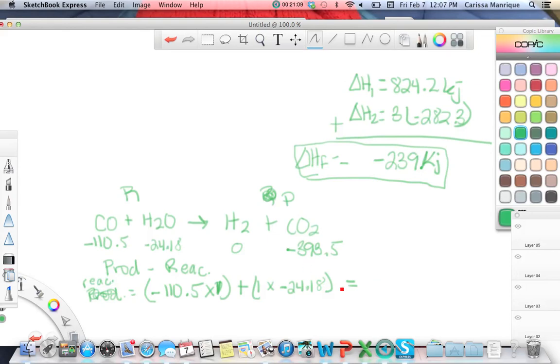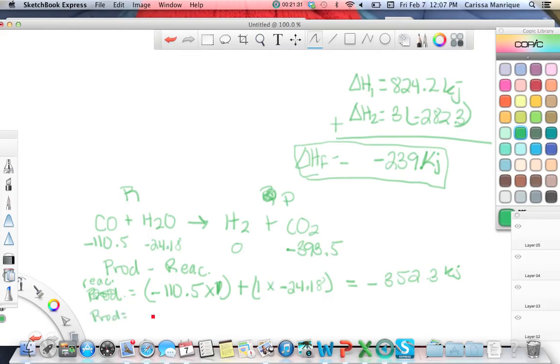And my reactants get negative 352.3 kilojoules. Okay, so to form CO plus H2O, to form one of each of those, it takes negative 352.3 kilojoules of energy. Now let's look at our actual products.